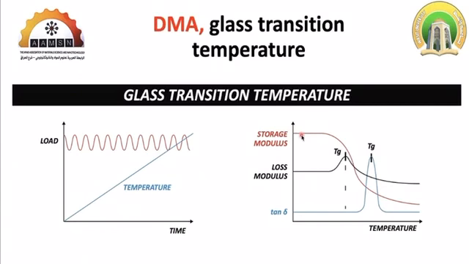So the Tg, beta transition or gamma transition can be detected by a sudden degradation in storage modulus, or by a peak in loss modulus, or by a peak in tan delta. So having one of these events means that we do have either a beta transition, gamma transition, or Tg.